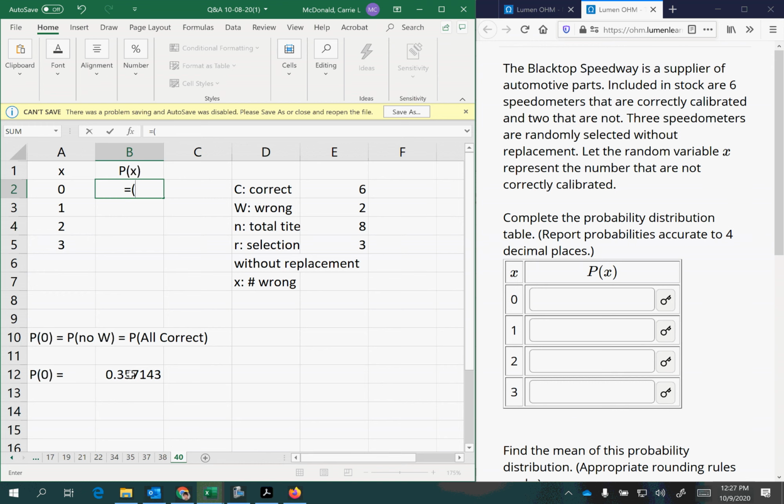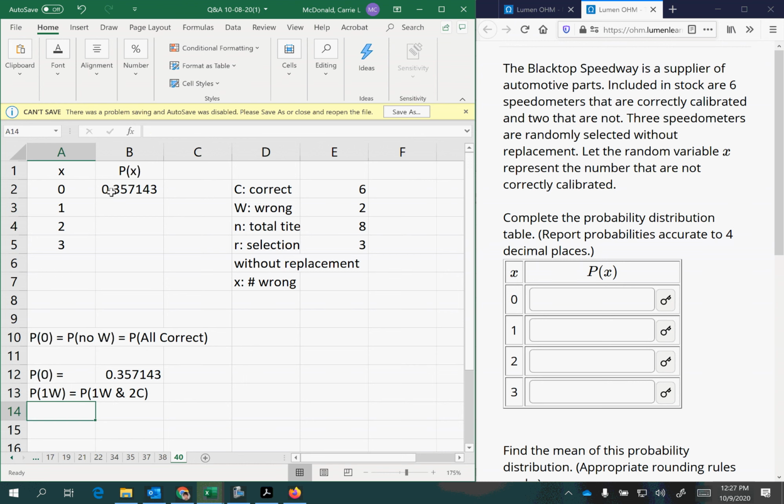So I did 6 divided by 8 times 5 divided by 7 times 4 divided by 6. On the next one, the probability of only one wrong is another way of saying the probability of one wrong and two correct, right?